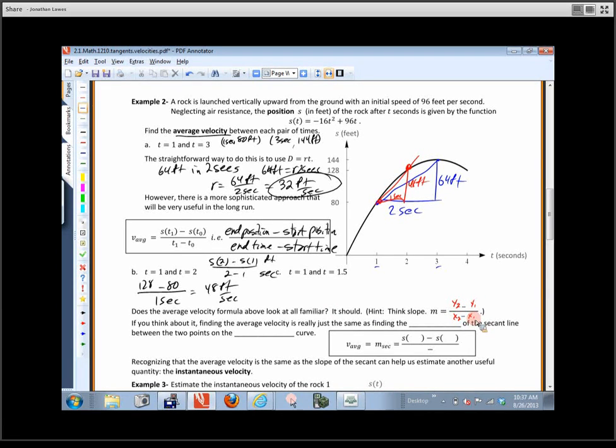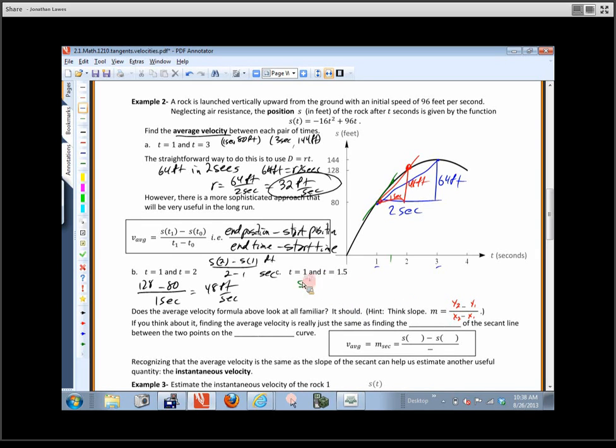That's what it's like. So let's do one more. And notice what we're doing here. Instead of between second 1 and second 3, or second 1 and second 2, here's what we're going to do. We're going to do between 1 and 1.5 seconds. So we're going to do this right here. We're going to find the slope of that secant, or in other words, the average velocity between 1 and 1.5.